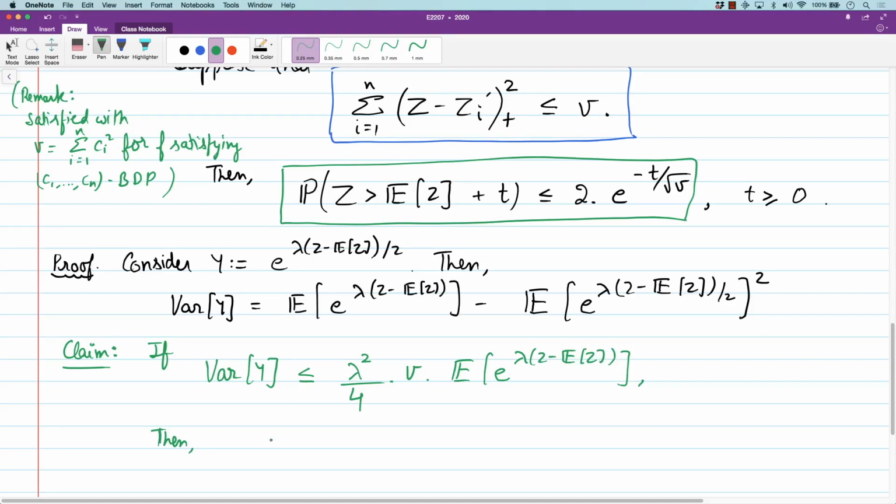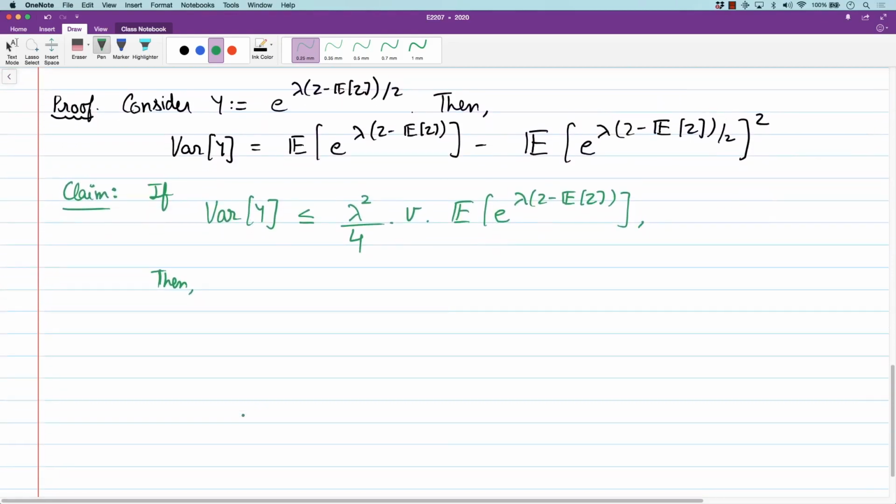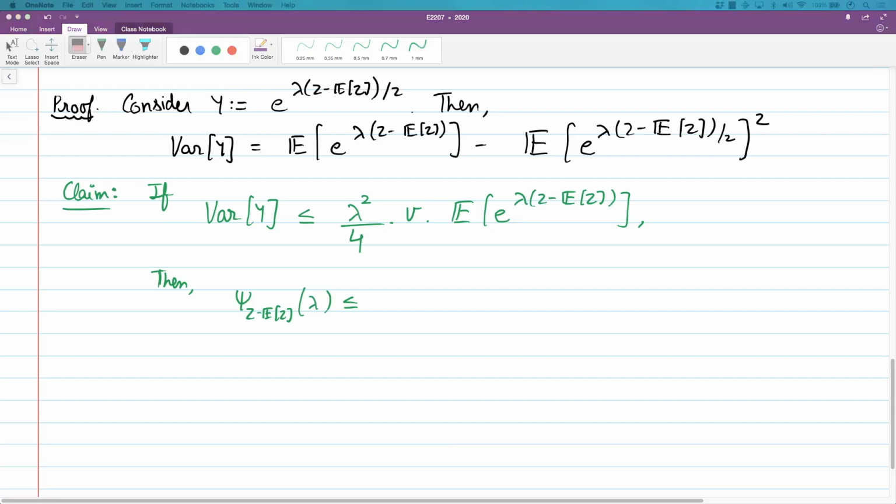Then this is less than or equal to, maybe we write a simpler implication of this bound, then this is less than or equal to a constant.